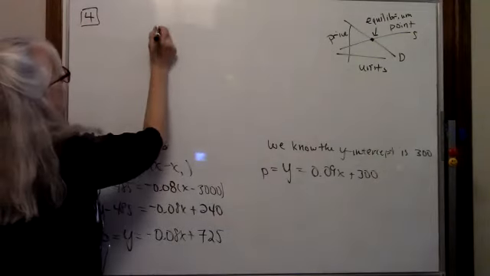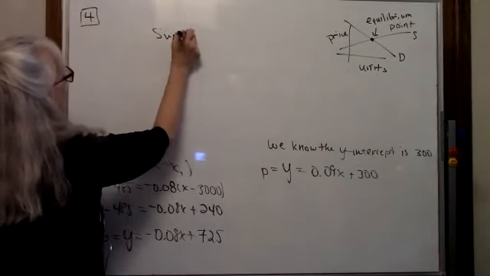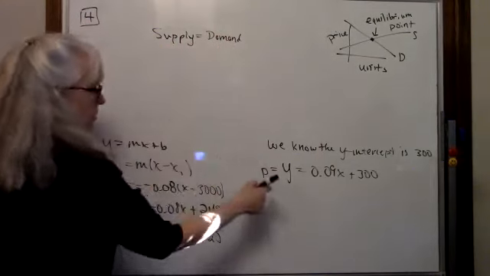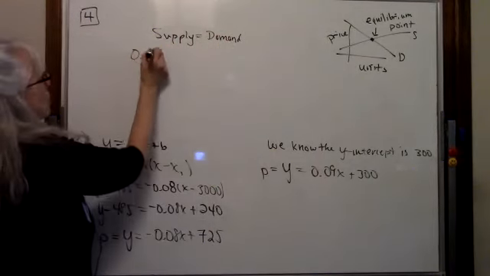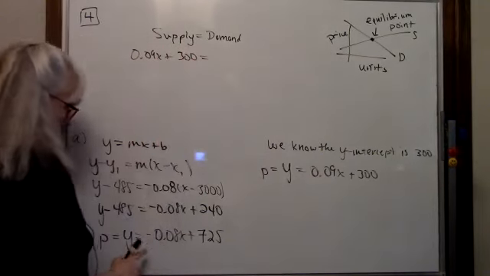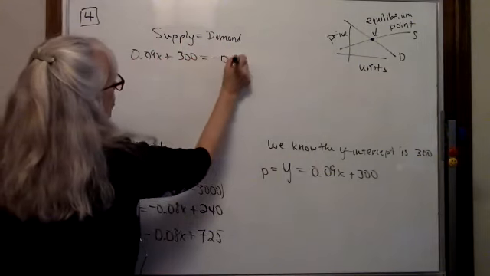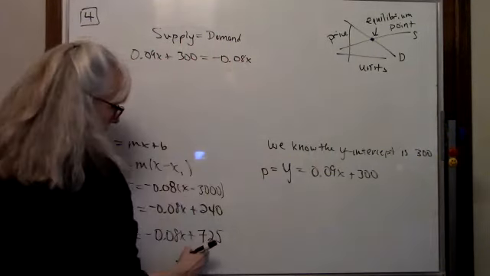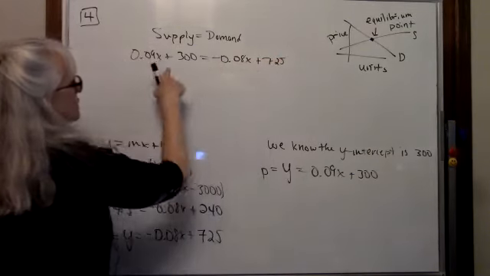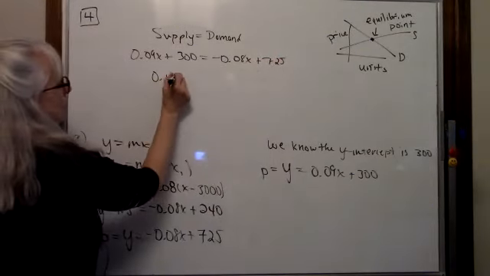So we're going to set supply equal to demand. Our supply equation was 0.09x plus 300. Our demand equation is negative 0.08x plus 725. And we just need to solve that. So I'm going to add this to this side. That'll give me 0.17x.